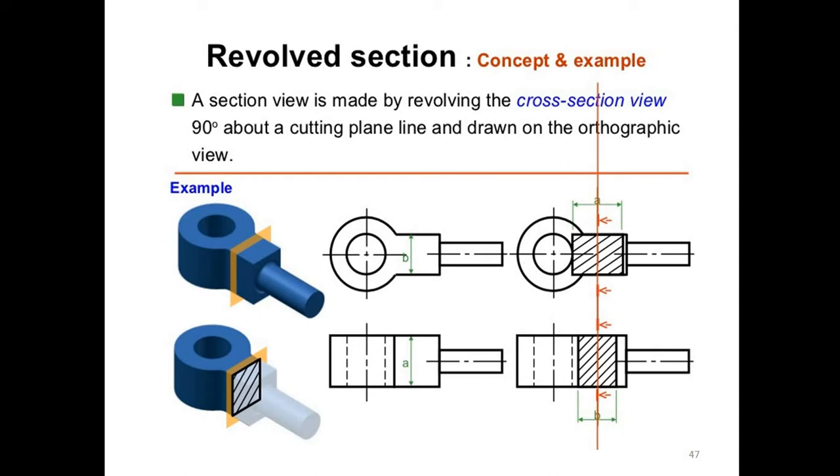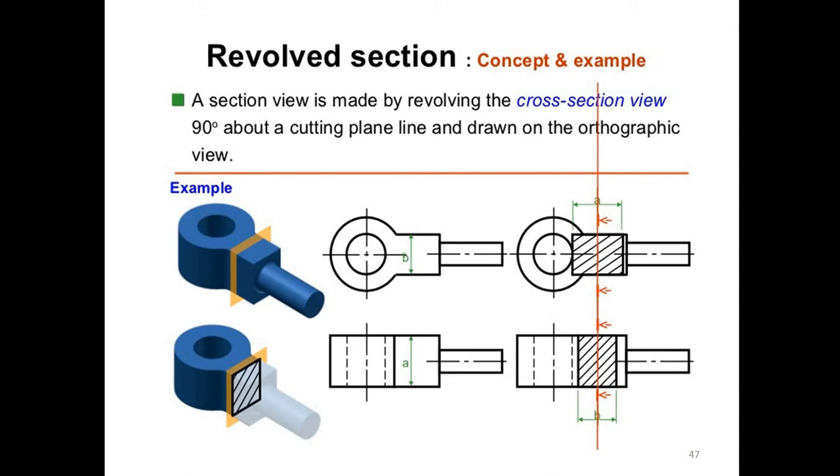orthographic projection. By considering figure number 1, which is the isometric view, the cutting plane is taken, and when it is cut, the section line shows the cutting geometry of the component at the cutting plane. The first view is drawn as an orthographic view without considering its revolved section, that is simply an orthographic projection.